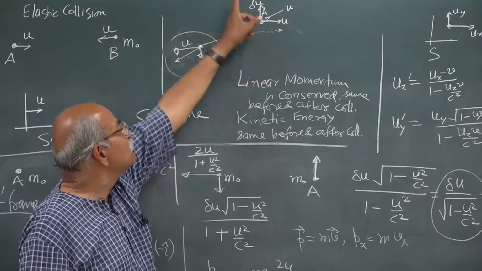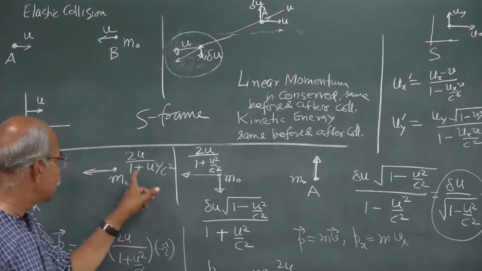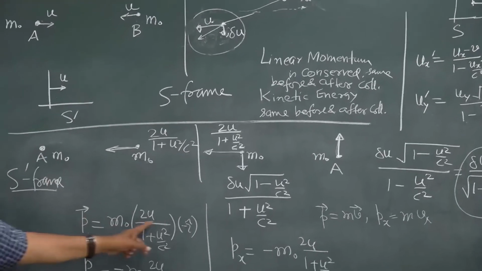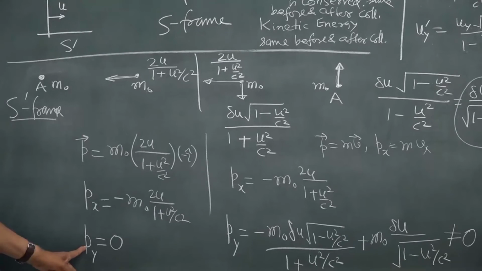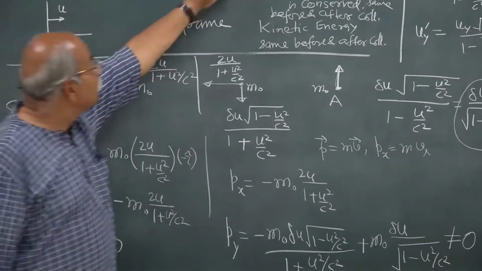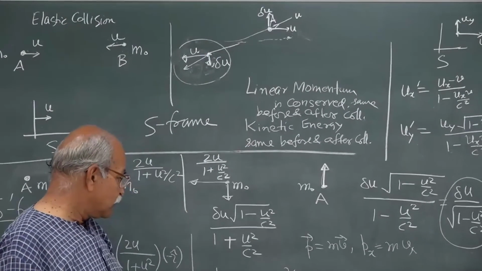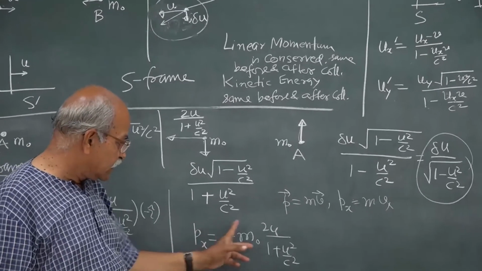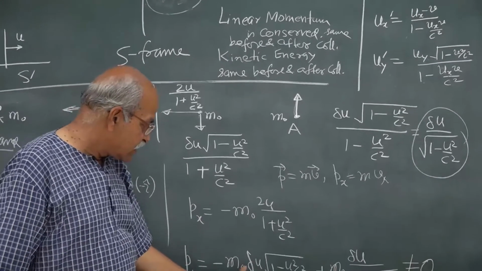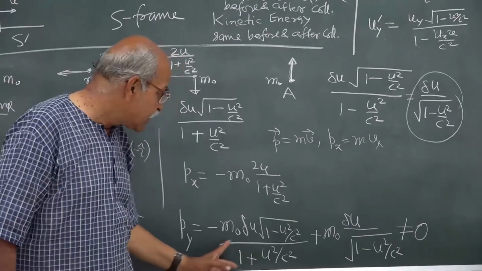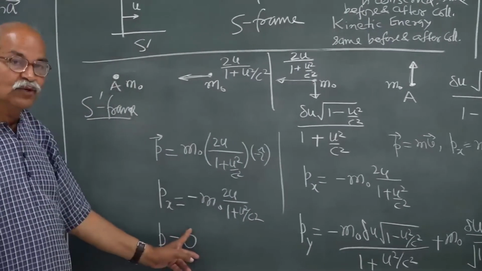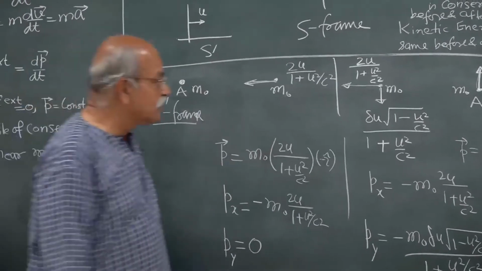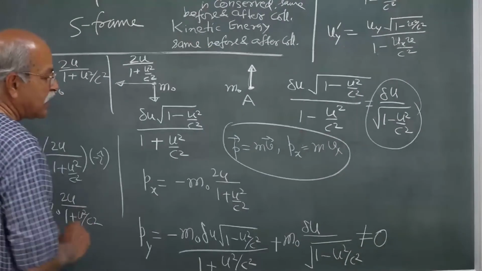From here we have done all these transformation equations, we have written all this px and py before the collision, and then we made the transformation here, and what we are writing is px here and py here, and we find that this is not 0, this was 0.